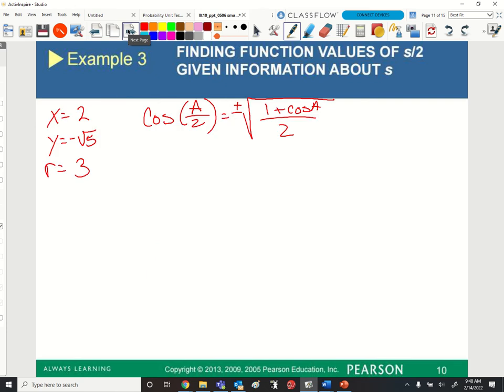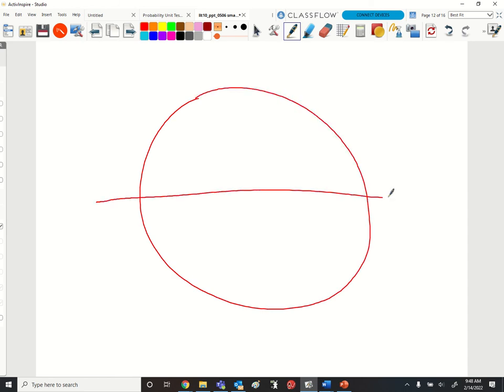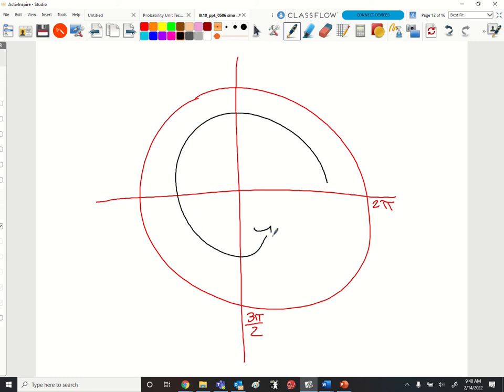So first thing I'm going to do is go over here. We said my angle is between 3 pi over 2 and 2 pi. So this is my angle S, somewhere in here.